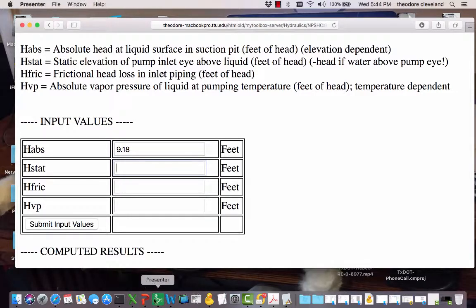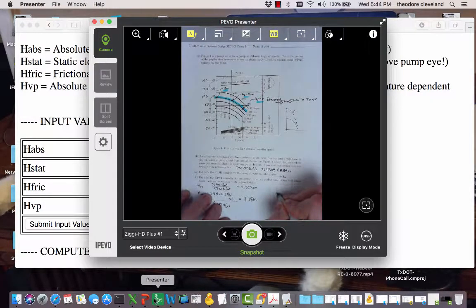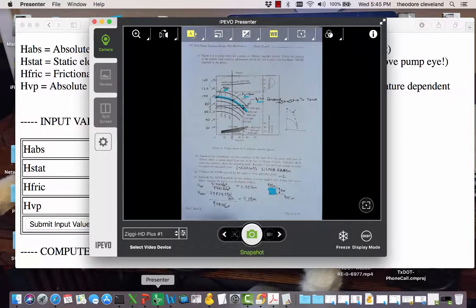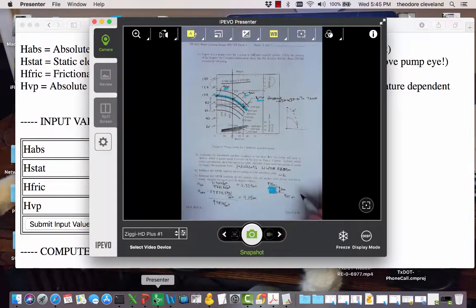Our static head, in our case, our pump is 10 meters. Let's see, 965, 975, 10 meters below the pool elevation, at least from the drawing.